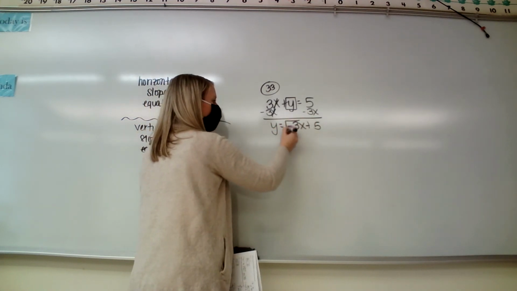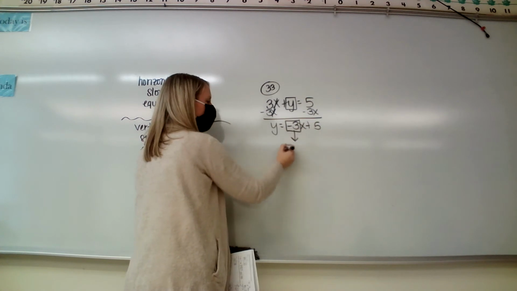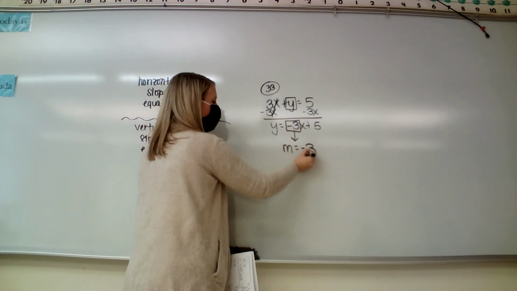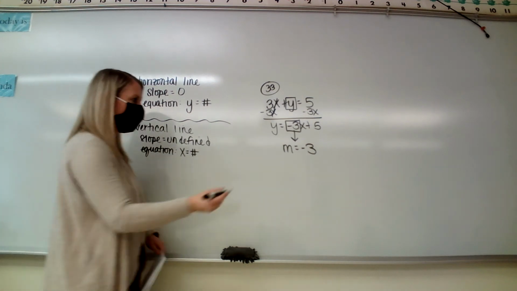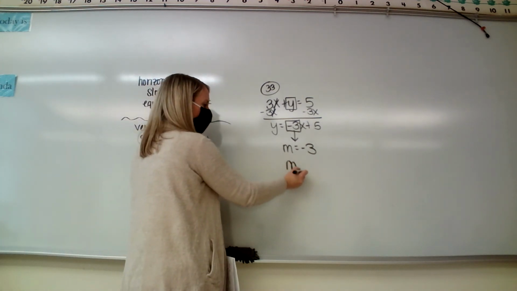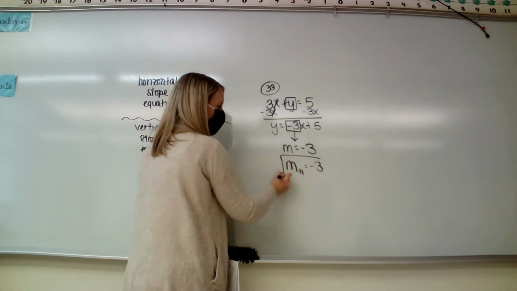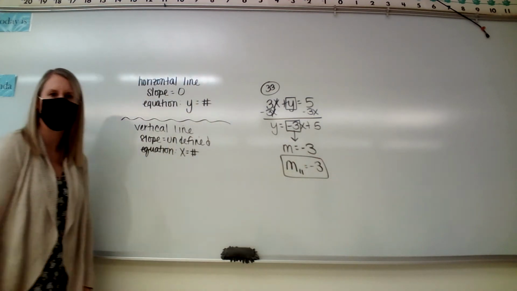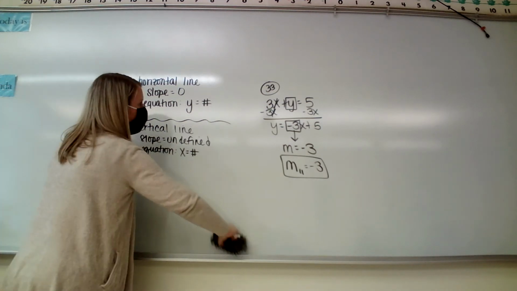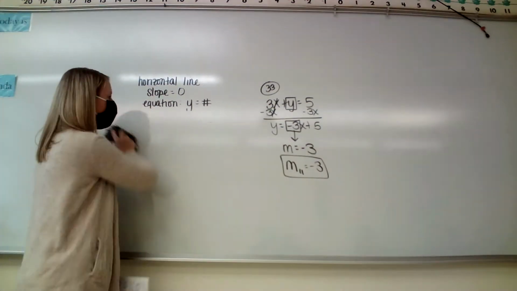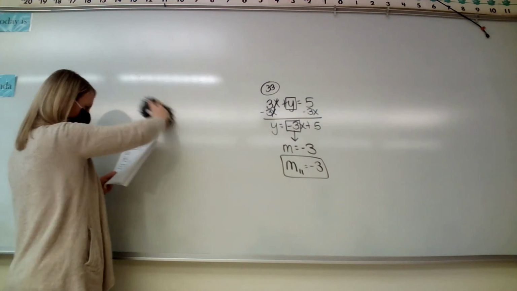I'm just focusing on the slope of this. The slope of this is -3. So when it says, what's the parallel slope? It's the same thing. So the parallel slope is -3 and you're done. You just need to know that they're the same. But you don't necessarily know it just by looking at it originally, so you might have to rearrange a little.